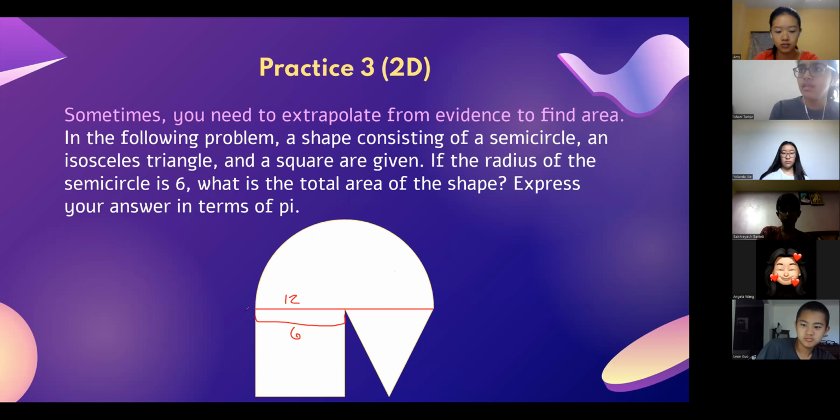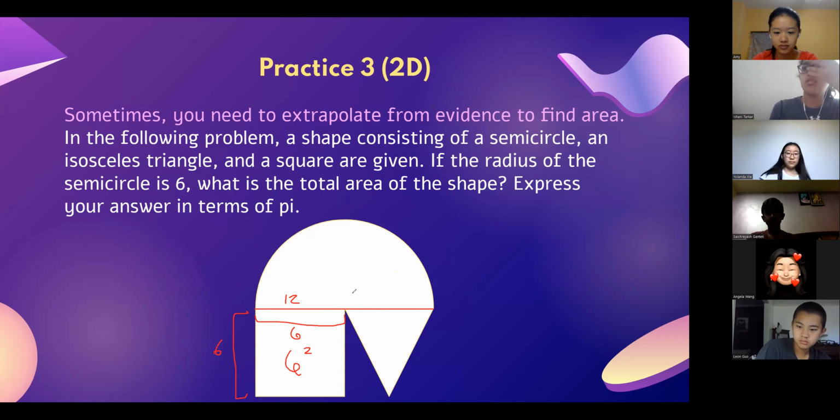We know that this shape is a square, and because we know that, all of the sides are the same length. So you do 6 squared to find the area of this, which is just 36.